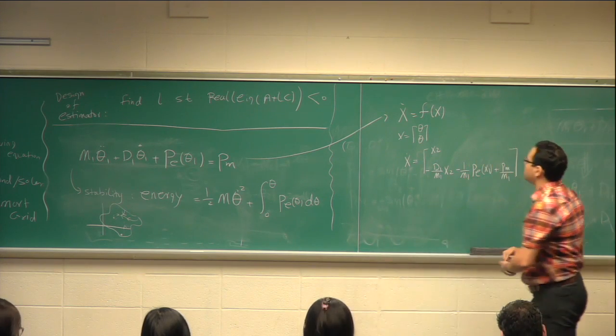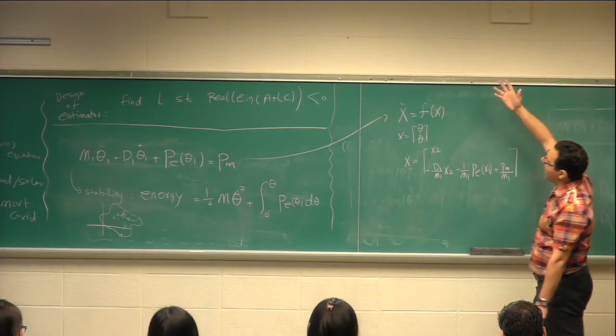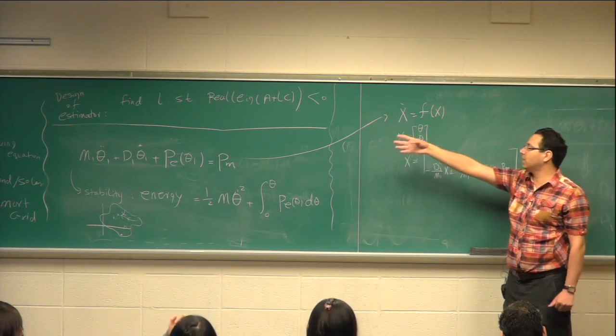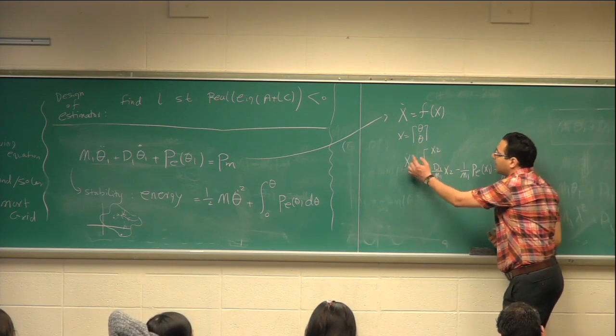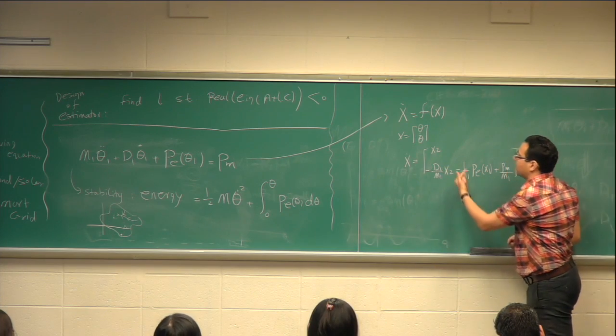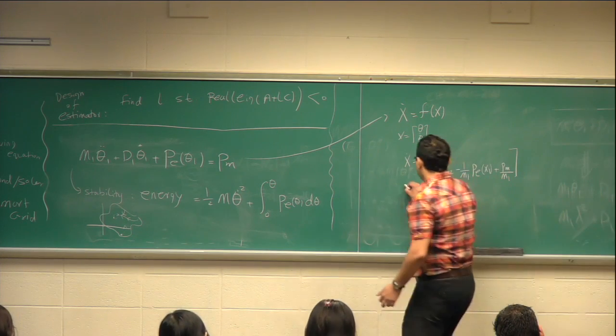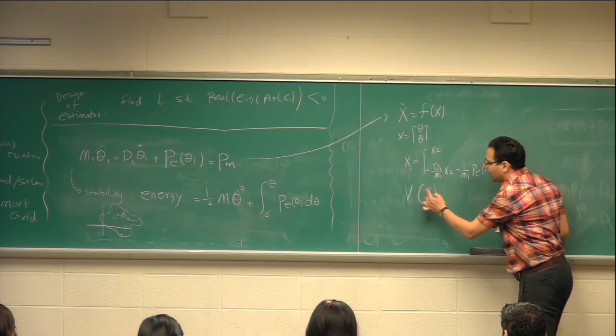We talked about this the other day, that we can put a system in the form of x dot equal to f of x. x for a second order system has two parts, the angle and the derivative, and x dot is a function of x. x1 is the first component of x, x2 is the second component of x. An energy function depends on the location. Energy is a function of the state.